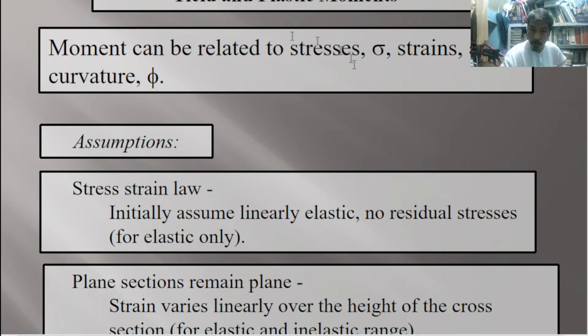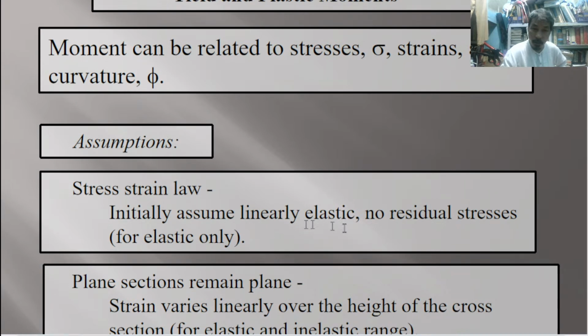So by the way, we already know this. Apply the theory of structure, rho, strain, and curvature. In here, theoretical discussion assumes the following: stress-strain law initially assumed linear, elastic, no residual stresses.